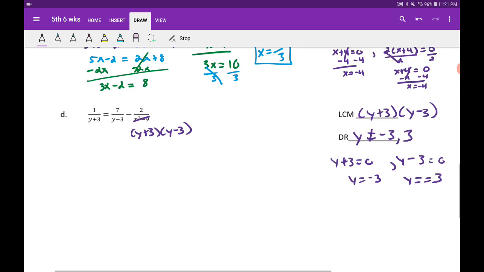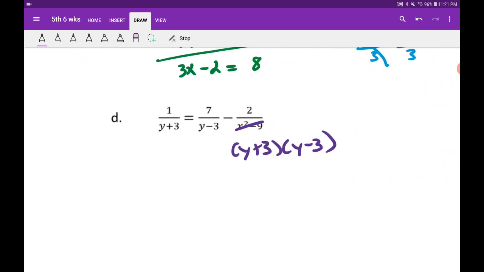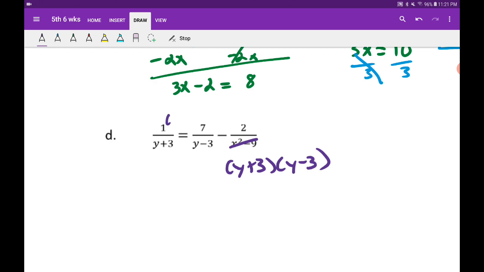Okay, so we're going to multiply the numerators by this LCM. It looks a little messy at first, but we're going to multiply by y plus 3 times y minus 3, multiply this one by it, y plus 3 times y minus 3, and then this 2 by it, y plus 3 times y minus 3. And then we're just going to simplify here.